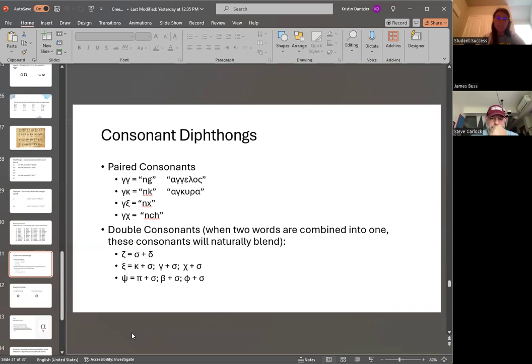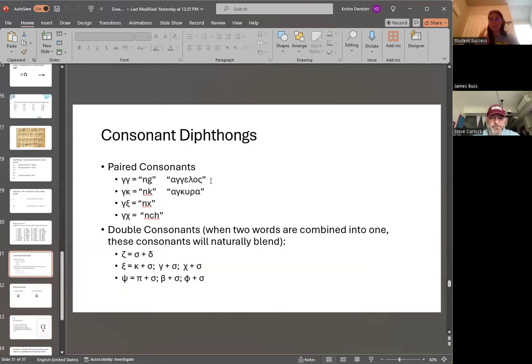There's a double gamma, and the way that is usually pronounced is they make the first gamma an N so that it's easier for them to pronounce. So this is the word angelos, which is where we get the word angel or messenger. Messenger is really the main meaning of that word, but they don't want to say agelos.